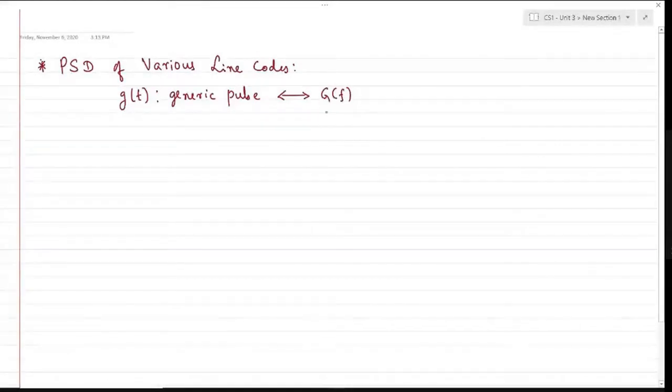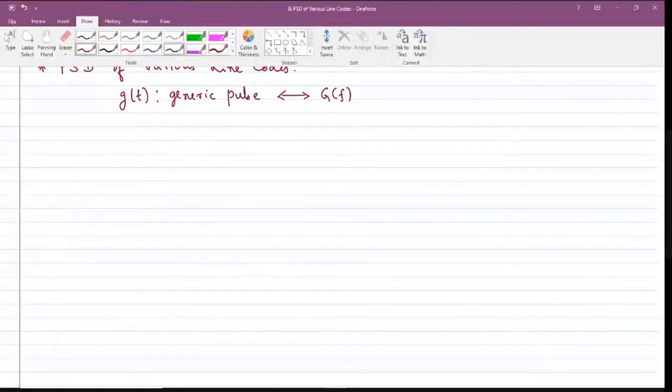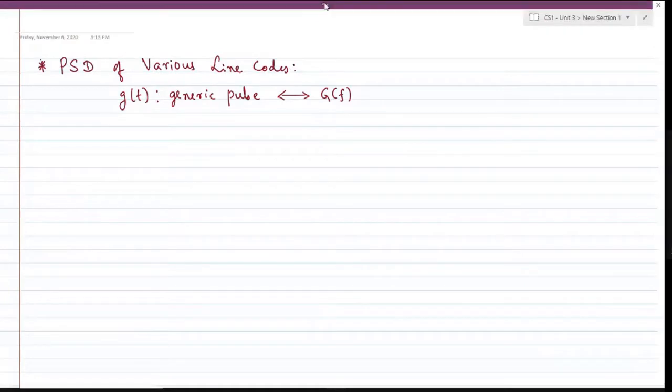This is what we are trying to find out: what is the power spectrum of the output of the line coder. So we denote this line code symbol at any time instant. Say g of t is any shape of the pulse at any time instant, say like this. This can take any shape in general.